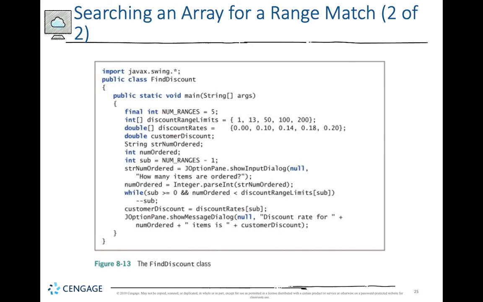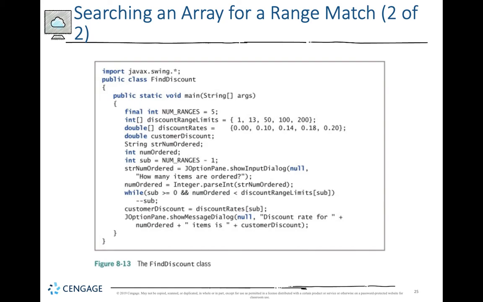These are all the variables they've set up front that they're going to use for this practice. And so then they say int sub equals the num range minus 1. Now think about what that does. Num range is 5. We're subtracting 1 from it, and we're assigning it to the value sub.